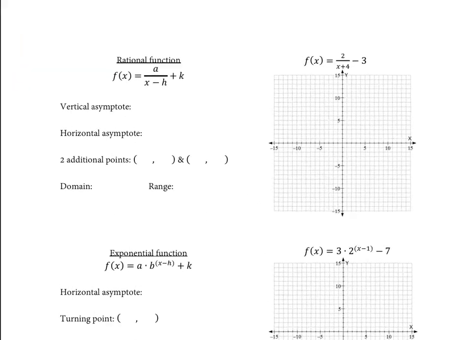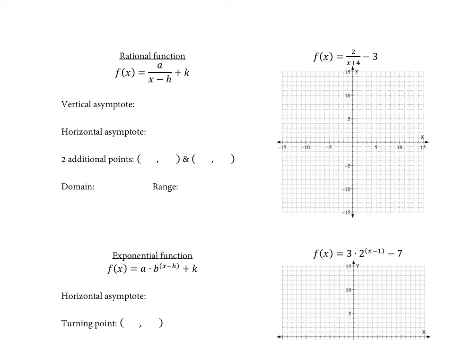Okay, next one is rational function. The vertical asymptote is x equals, actually let's get h and k first. So in this case, h is negative 4, the opposite of whatever's with x. And then k is negative 3, the thing subtracted on the outside. Okay, so the vertical asymptote is always x equals h.